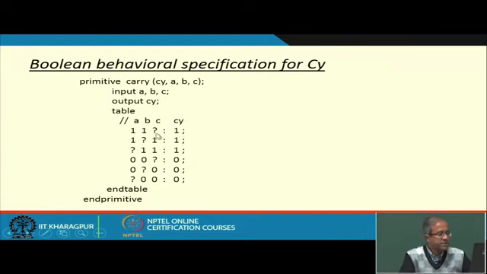If some of the inputs are do not care, I can put a question mark, like if A and B are 1 and 1, then irrespective of C the carry will be 1. Okay. Similarly, if B and C are 0 and 0, then irrespective of A the carry will be 0. So, here I can make my truth table short in this way, right. So, this is also a way to represent the carry function in a behavioral fashion. Okay.